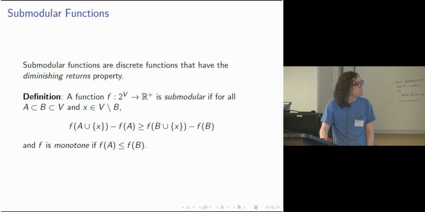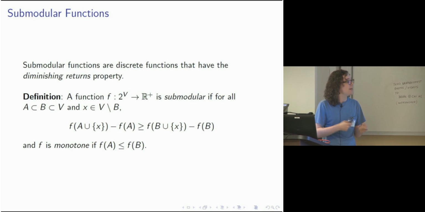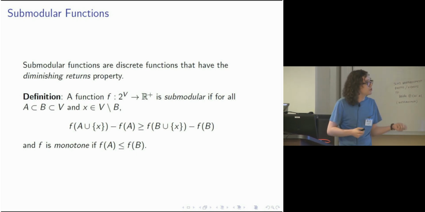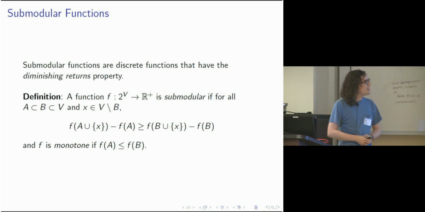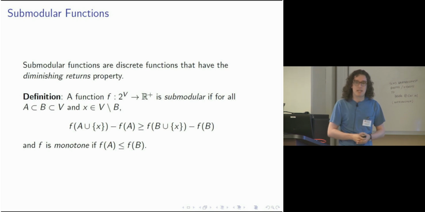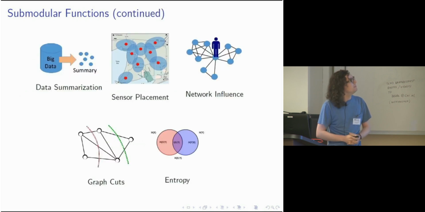More precisely, it's a real-valued set function f, and we say it is submodular if for all sets A and B, where A is inside of B, the marginal gain I get by adding an element x to A is larger than the marginal gain I get from adding that same element to B. And we say that f is monotone if f of A is less than or equal to f of B. Intuitively, this just means that adding things does not decrease our function value.